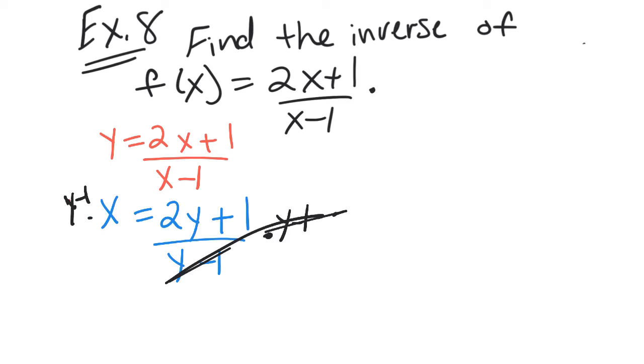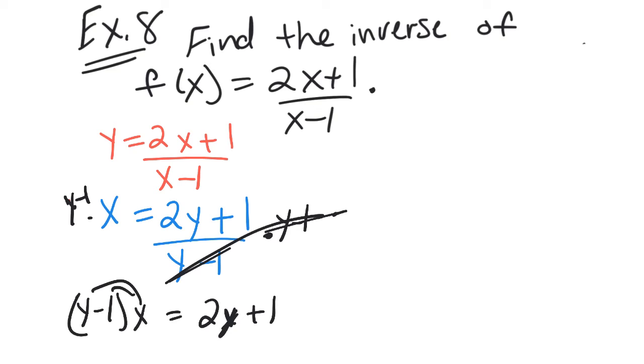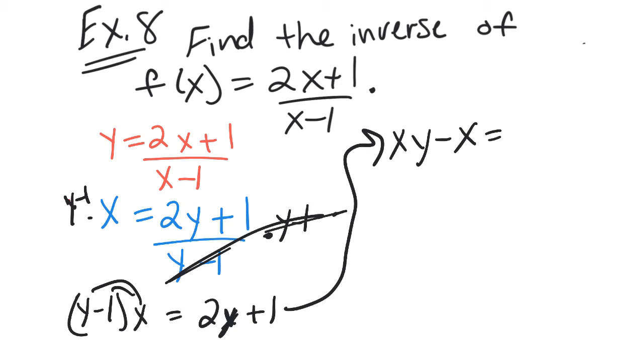So on our left side, we have y minus 1 times x. On the right side, we have 2y plus 1. Now distribute that x into both of those terms. So we have xy minus x equals 2y plus 1. At this point, we want to get all the y's on the same side, so we'll get the y's on the left.